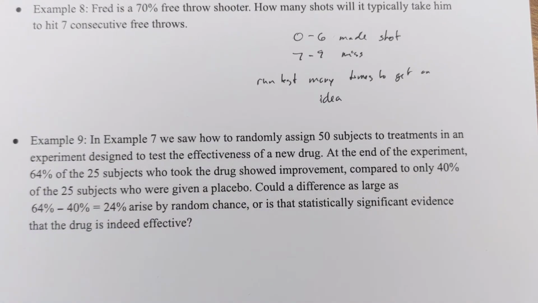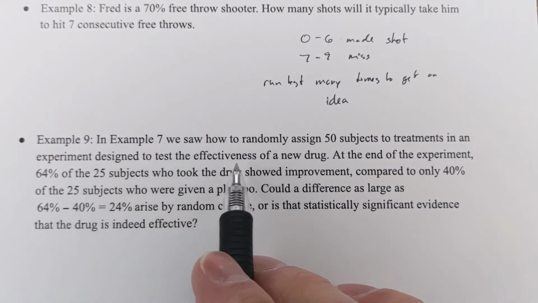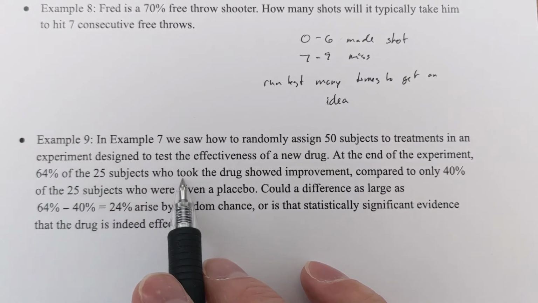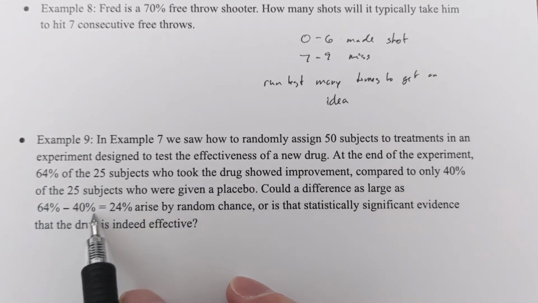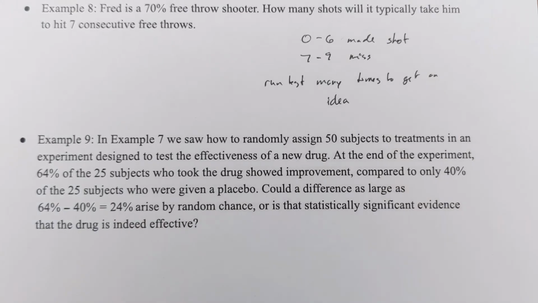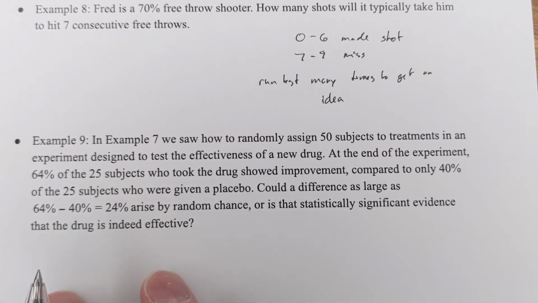Okay. So example 9, in the experiment, 64% of the 25 students showed improvement compared to only 40% of the 25 on the placebo. Could a difference as large as 24% arise by random chance? Or is that statistically significant evidence that the drug is indeed effective?